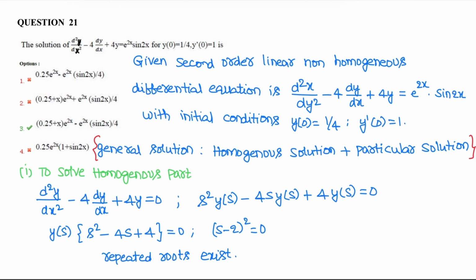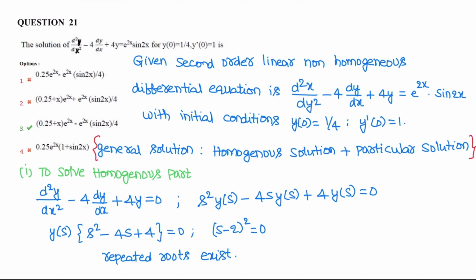Next question. To solve the given differential equation, which is a second order linear non-homogeneous differential equation with initial conditions y of 0 is equal to 1 by 4 and y dash of 0 is equal to 1. The general solution consists of two parts, homogeneous solution and particular solution.